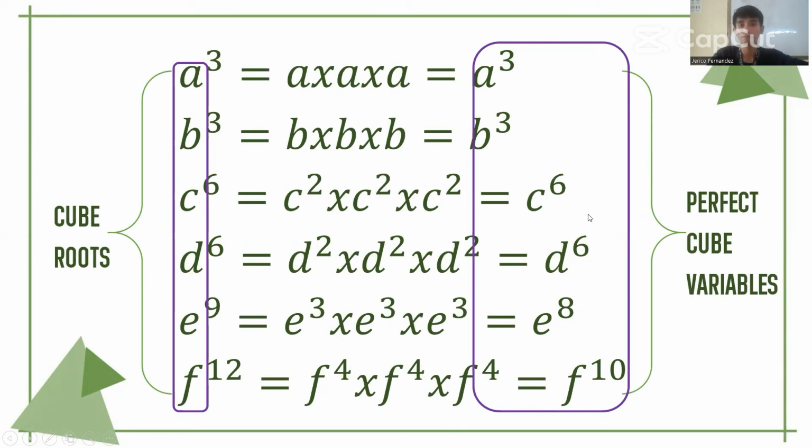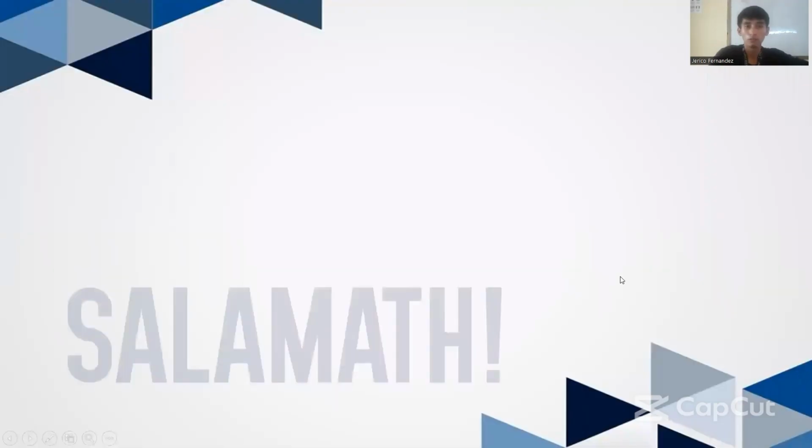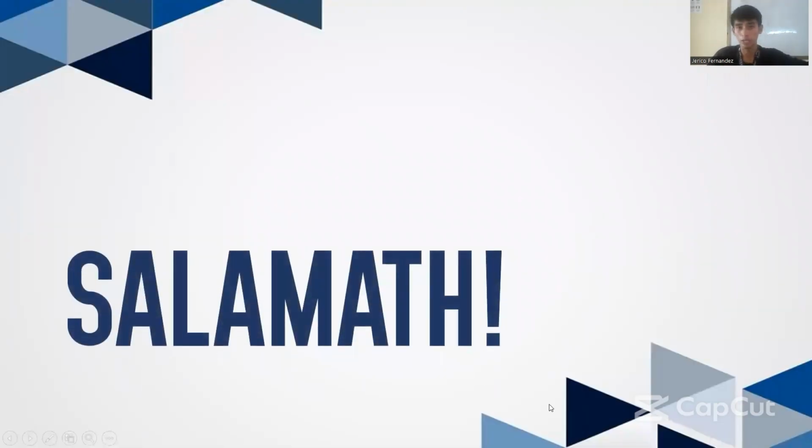Naunawaan po. Okay po. So, alam na natin kung paano i-determine kung ito ba ay perfect cube or perfect square or hindi. Okay? So, that would be all for today. That's just a review. So try doing something, mag-isip kung paano mas mauunawaan.